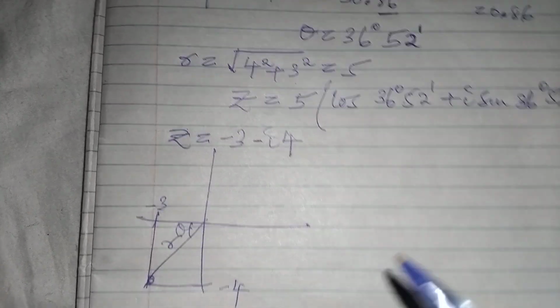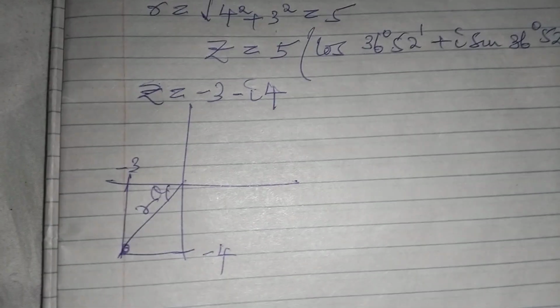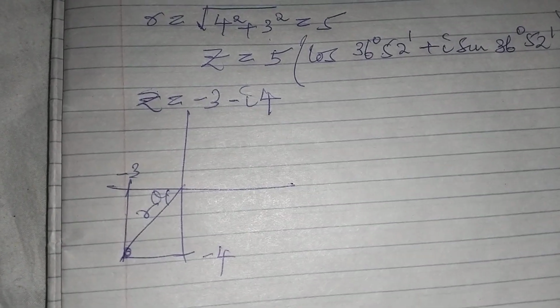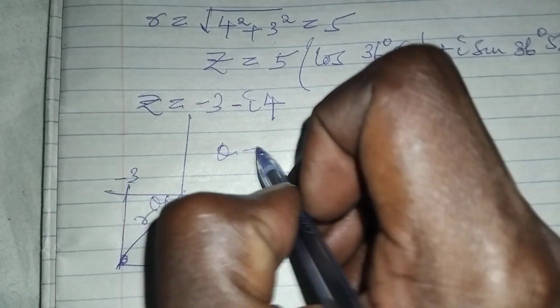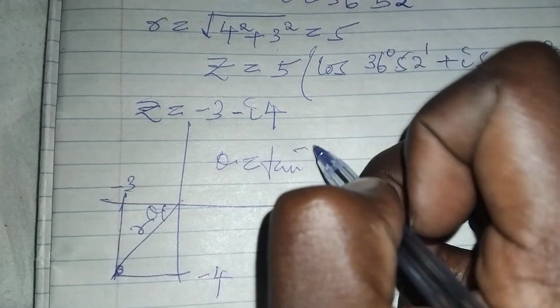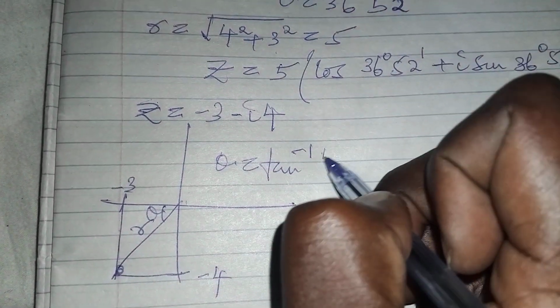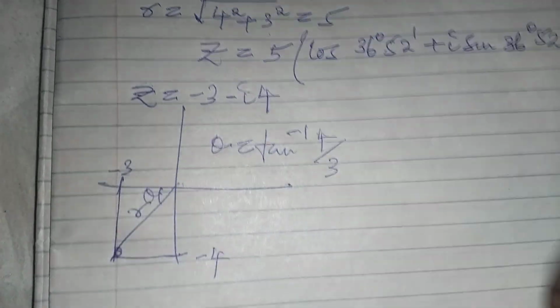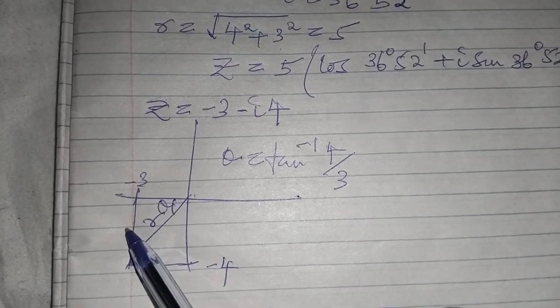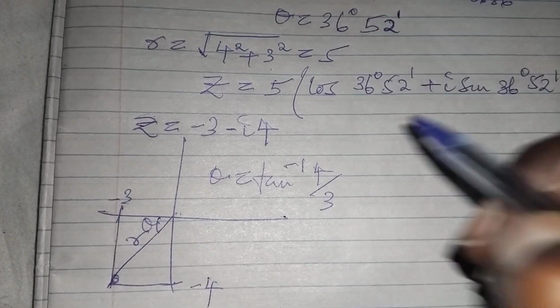Then the angle should be theta from the real axis. To get theta, it is the tan inverse of your y, which is 4, taking the absolute value, divided by 3, opposite over adjacent.